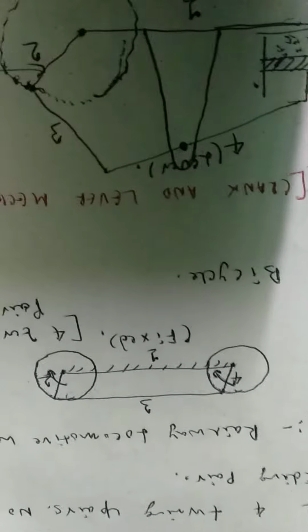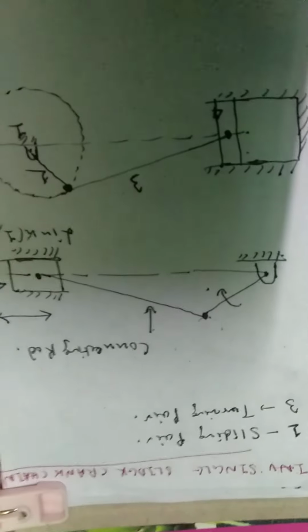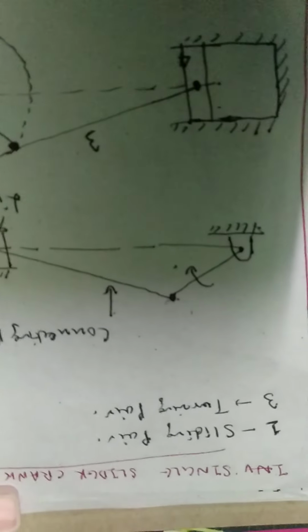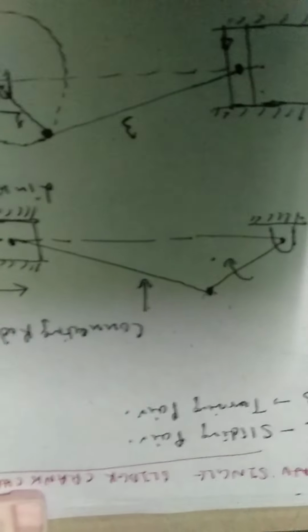Okay, next we come to the inversions of a single slider crank chain. Now the single slider crank chain is a modification of the 4-bar chain. It consists of one sliding pair and 3 turning pairs.